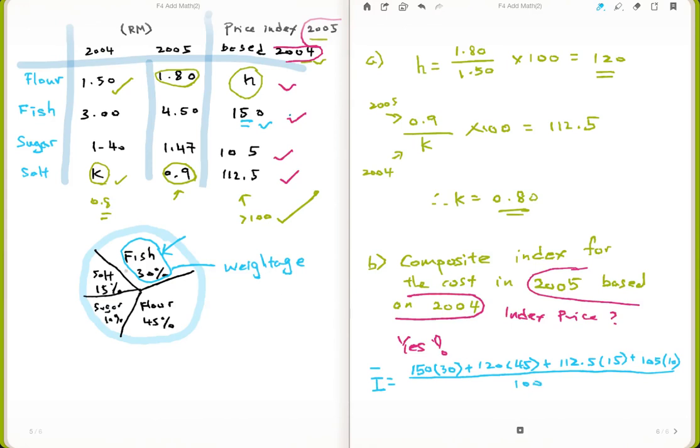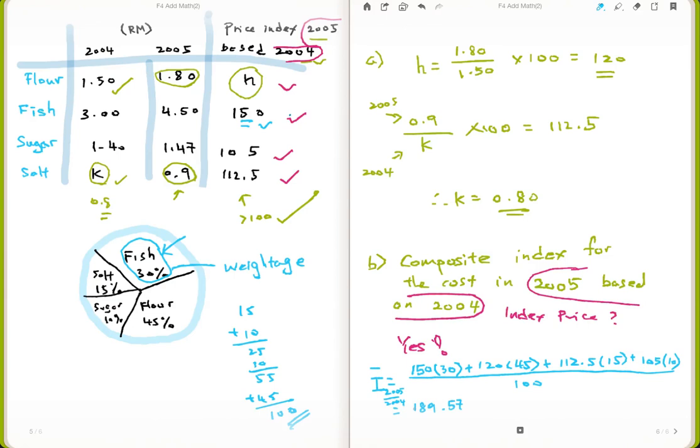You sum all of them: 15 plus 10 is 25, plus 30, 55, plus 45, 100. Okay? Calculator, straight away you get the answer. That would be 189.57. So this is the composite index 2005 base 2004.